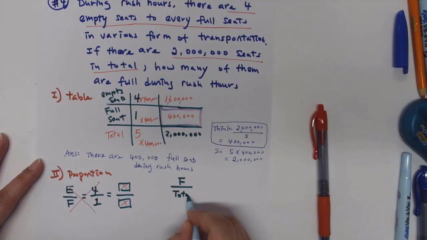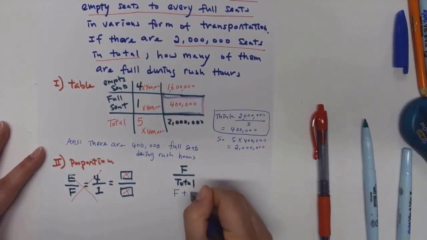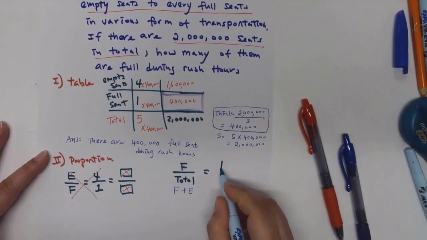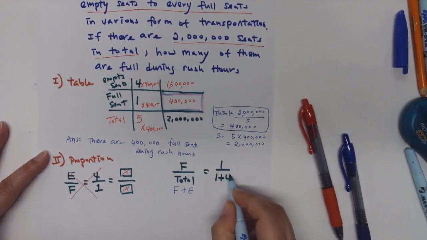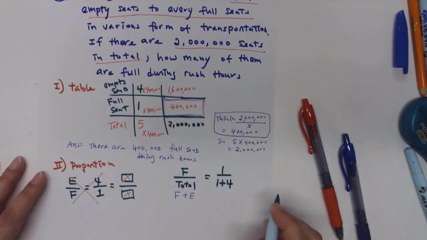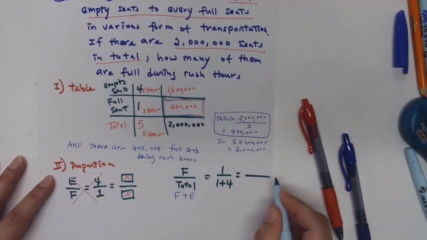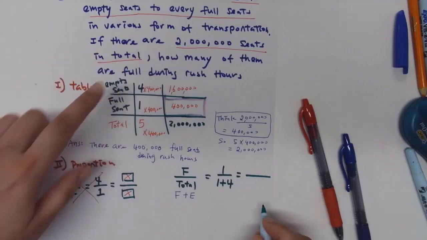And the way we found the total is going to be the full seats plus the empty seats, right? 1 full seat plus 4 empty seats, right? Total is 5, right? Just like when we did the table part. And then they also gave us that we have 2 million total seats, right?